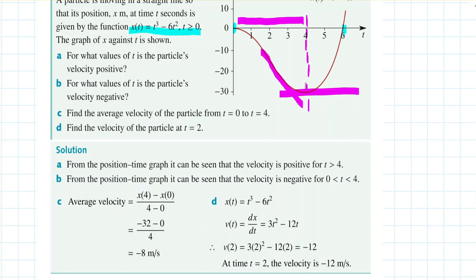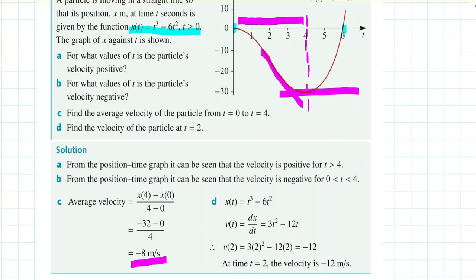We can find that by substituting the 4 into our equation, and then we'll see that it's going to be negative 32. Do the same for 0. Well, it's going to be 0, we can see that straight away. So negative 32, subtract 0, is of course only negative 32, and 4 take away 0 is 4. So there we go. The average velocity here for the time between 0 and 4 seconds is negative 8 meters per second.